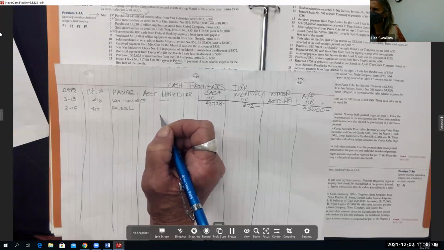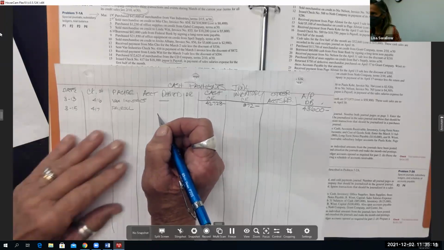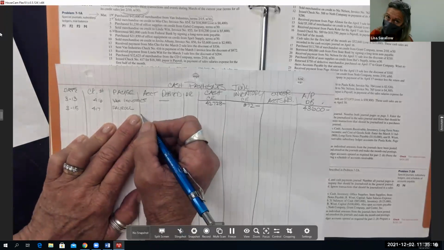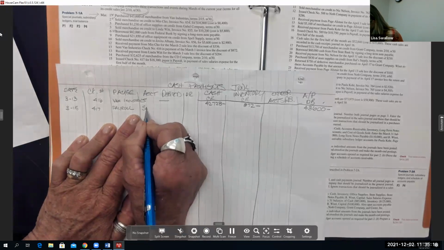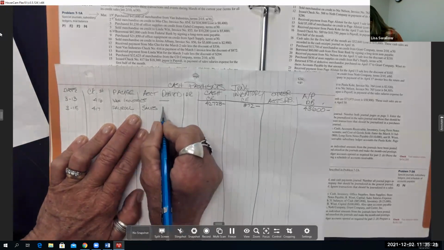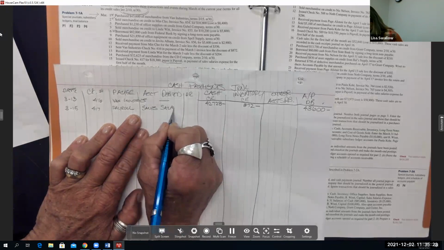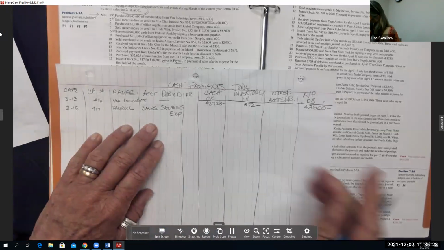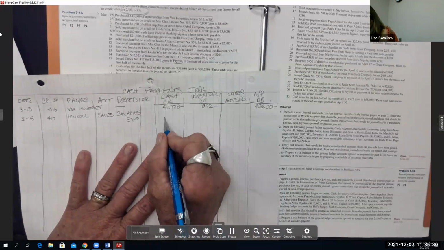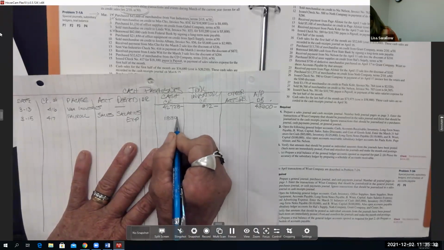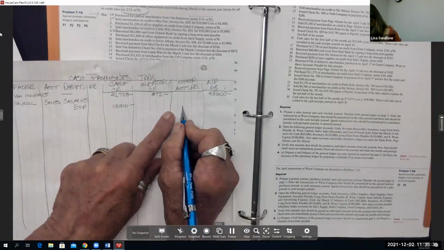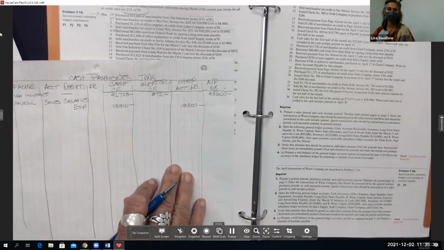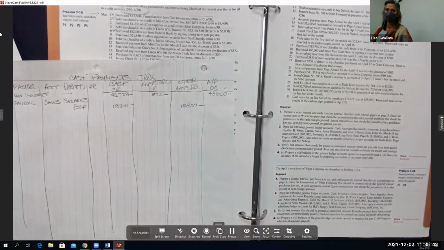It is wage expense, but in my company, I've got it broken up into general and administrative wage expense and sales salaries expense. So debit sales salaries $18,300, credit cash. It doesn't neatly fit in one of the other column titles, so it has to go into the special other accounts.